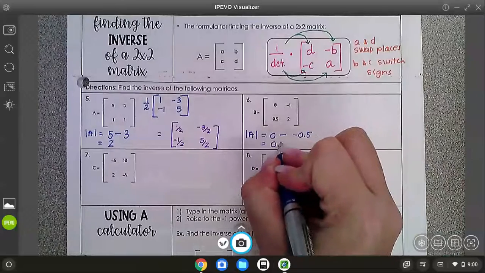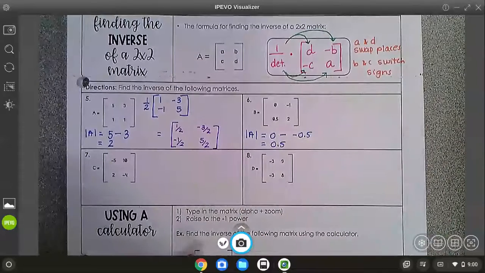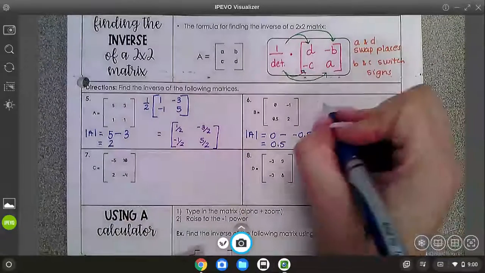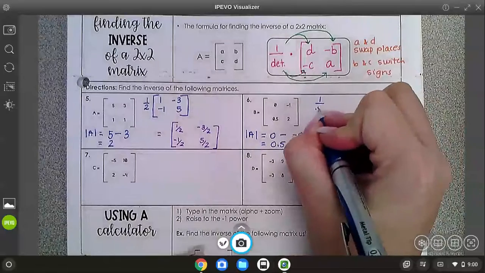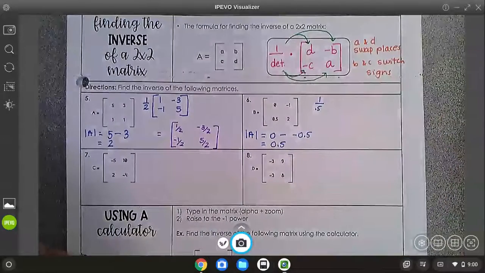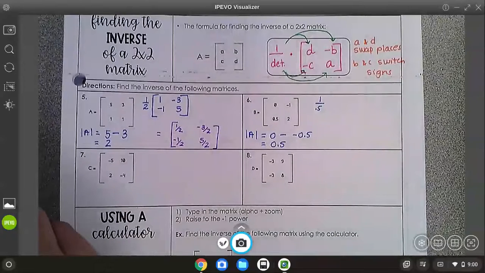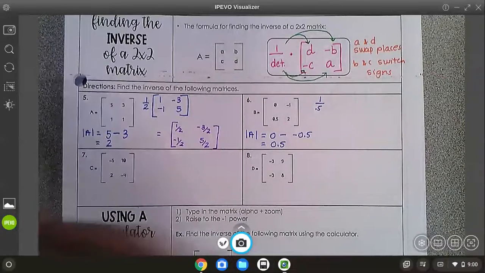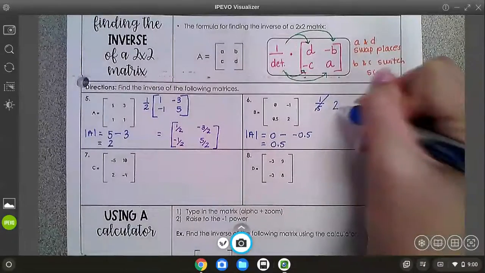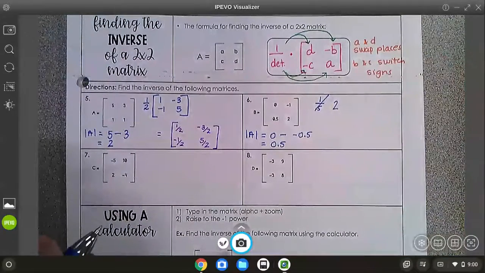We have a positive 0.5. Then we have 1 over 0.5. Does anybody know what 1 divided by 0.5 is? If you don't, type it in your calculator. 1 divided by 0.5. What is it? 2. So it'd be better to write 2 there.